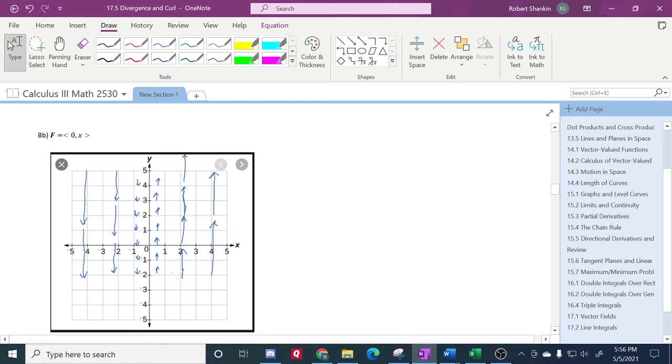When you're at an x coordinate of 1/2, the height of every vector is 1/2. When your x coordinate is 2, the height of every vector is 2. Of course, every vector doesn't go to the right at all, it goes strictly vertical. When you go out to 4 over, the height of every vector is 4. And when you're at negative values of x, the same thing happens, but you're pointing down.